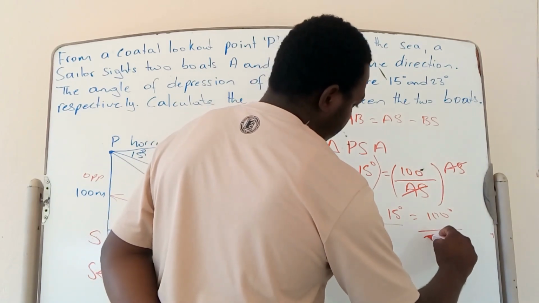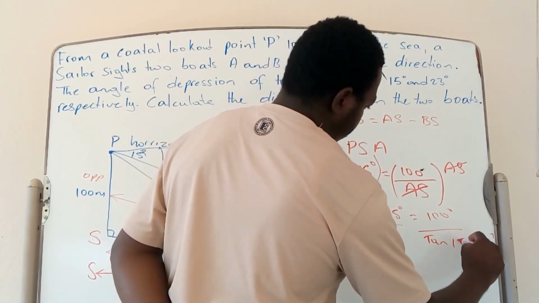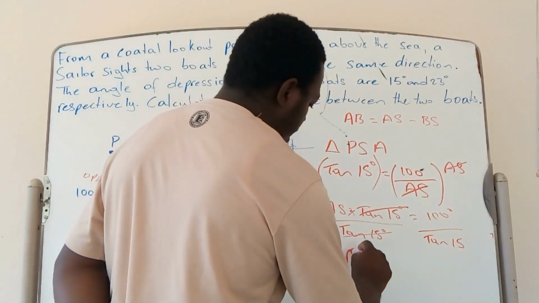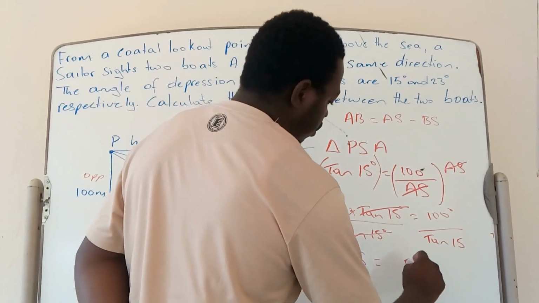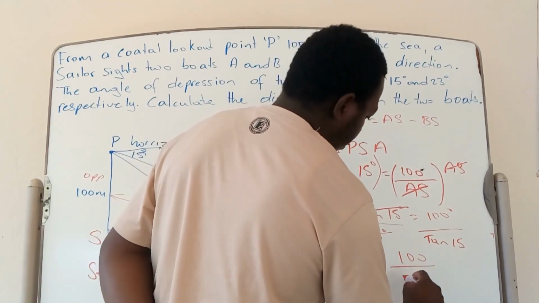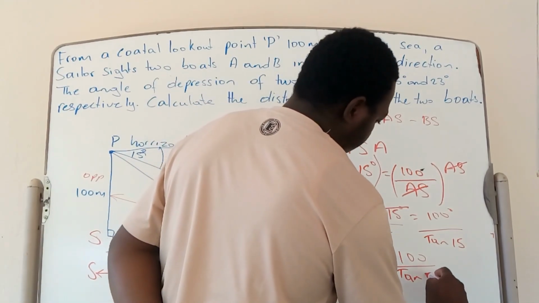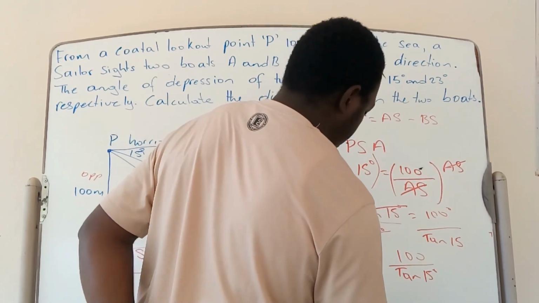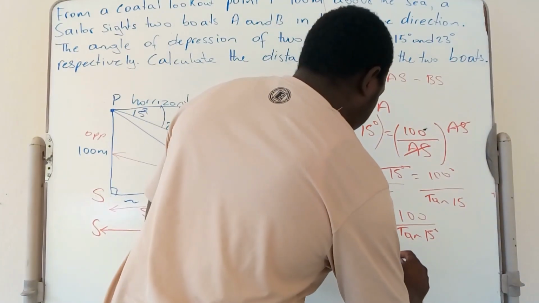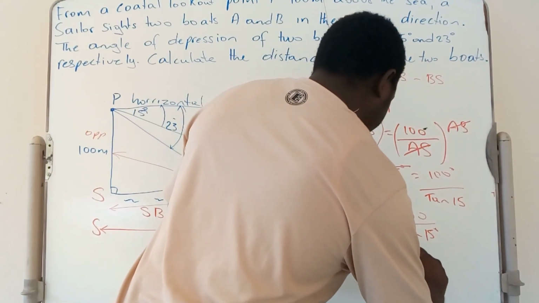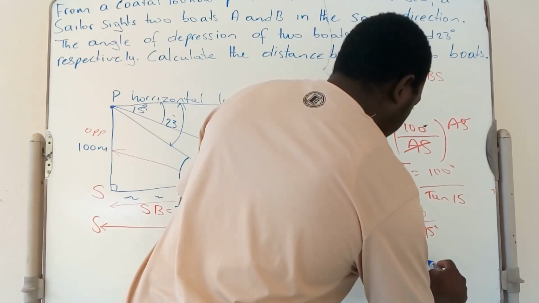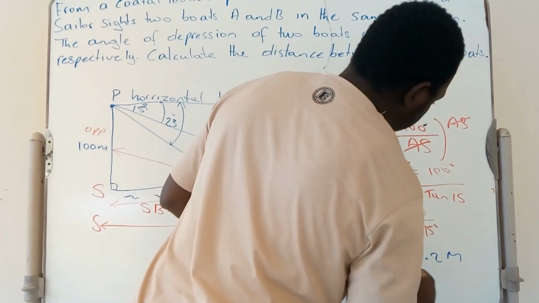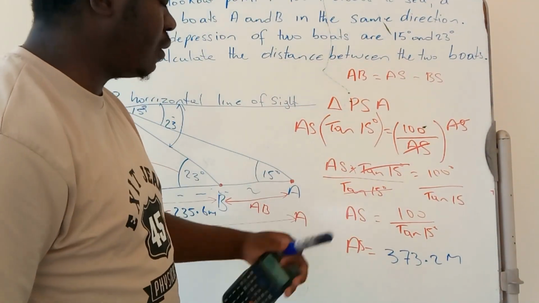Tan 15 cancels out tan 15 degrees. So we're left with AS is equal to 100 divided by tangent of 15 degrees. So AS is equal to, you put that on your calculator, 373.2 meters, right? That's rounded off to one decimal place there.